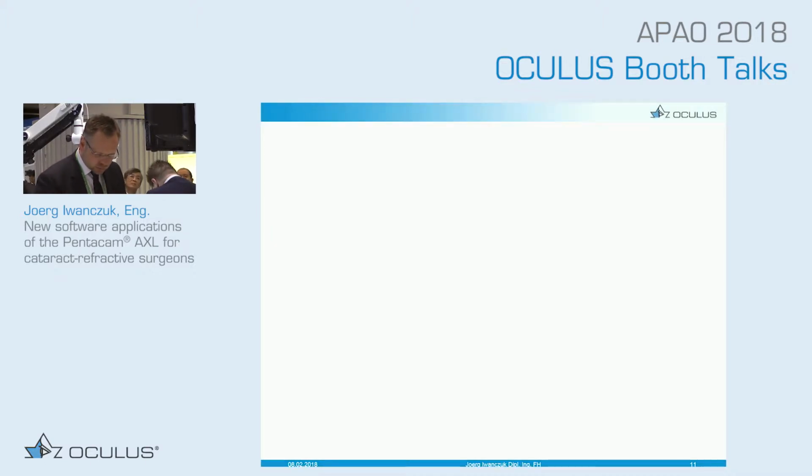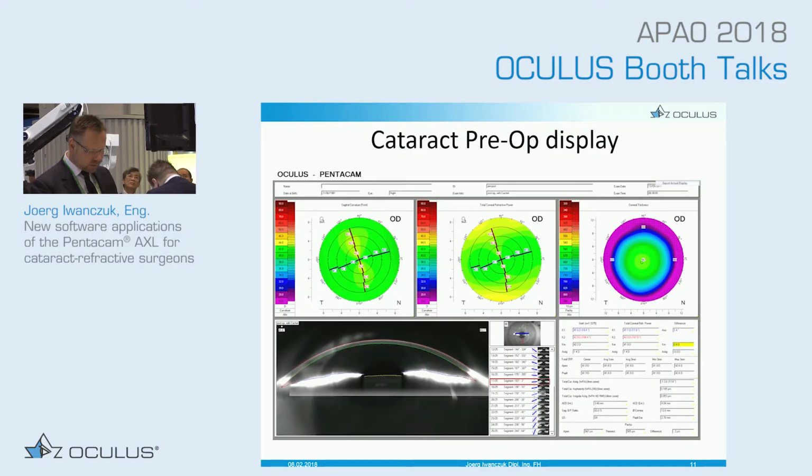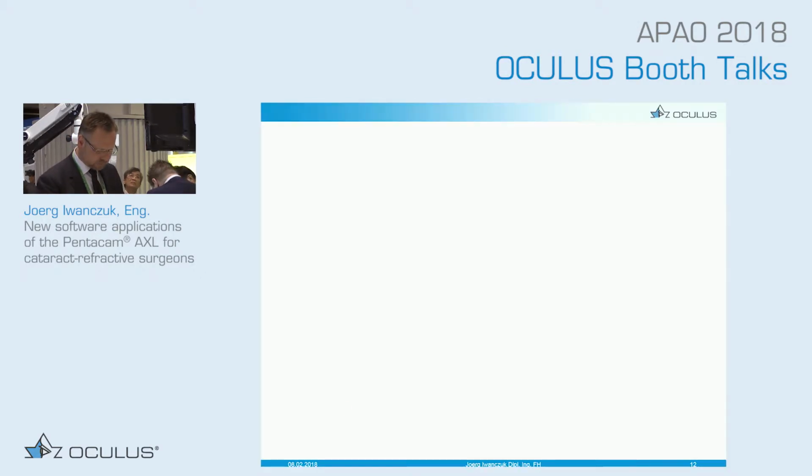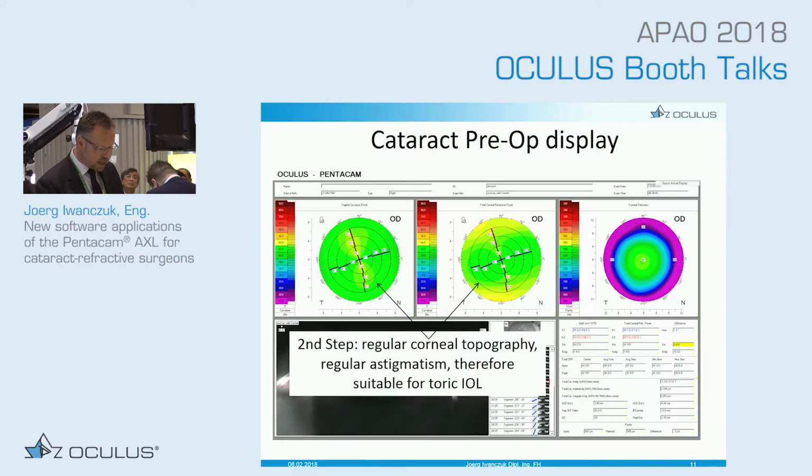And now we look to the maps. We look to the maps, we look to the anterior surface topography and to the total corneal power. And we want to see if the posterior surface has an influence. In this example, you see the axis of the astigmatism is very straight.